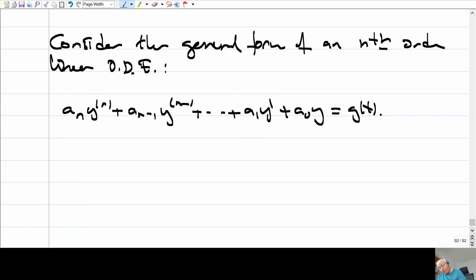How can we solve something like this? I will introduce a notation.